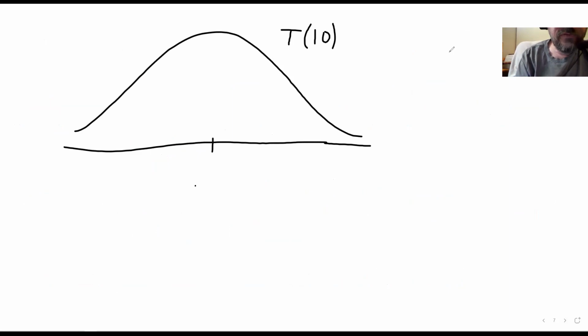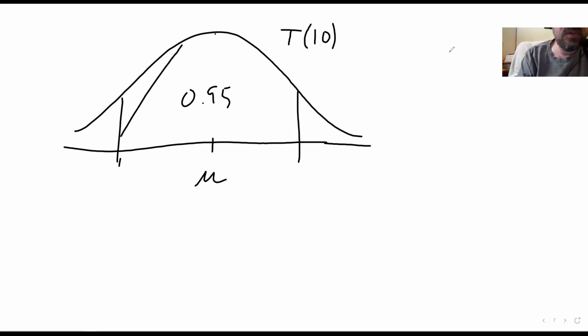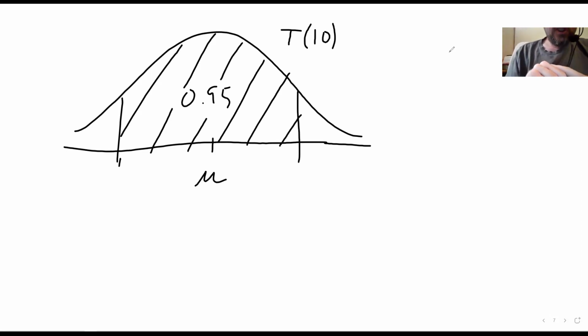Sorry, mu, we don't know what mu is. But we know that we want to capture 95% of our data, right? So 95%, 0.95. So the question is, how far do we have to go here? I drew that a little bit big, right? So the question is basically, how big is that?